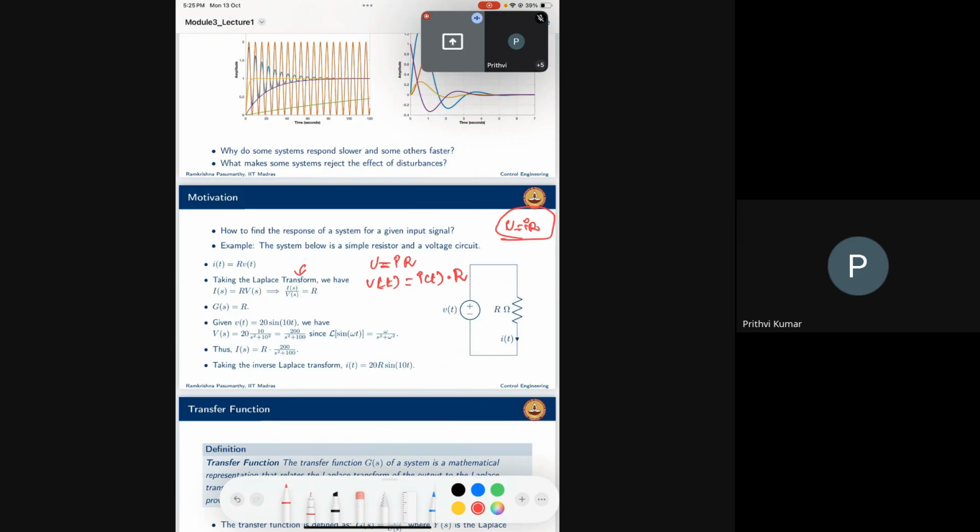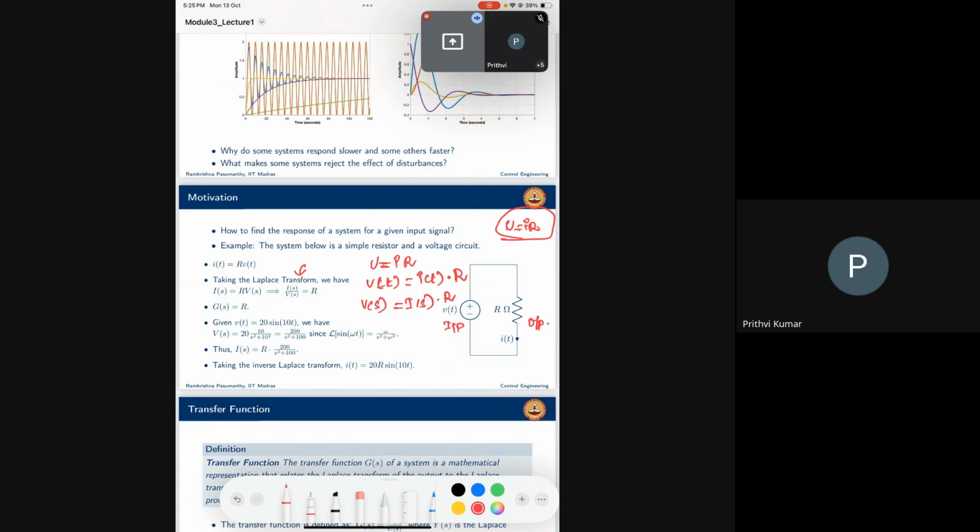Okay. Using the Laplace transform, we are just going to take the Laplace transform of it. Since it doesn't have any memories, we are straight away writing it in terms of S: V of S and I of S. Voltage is the input here, current is the output here. Whenever you give this voltage to the resistance, you get this much current.